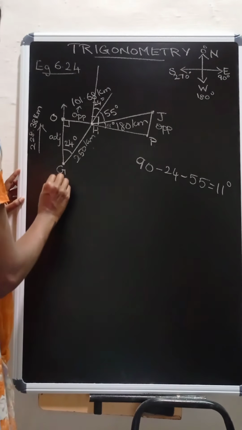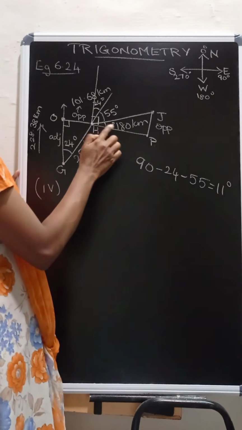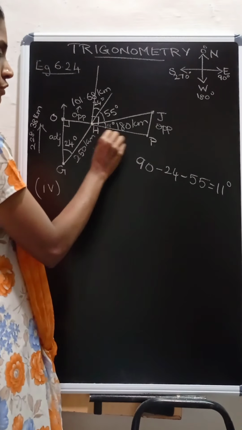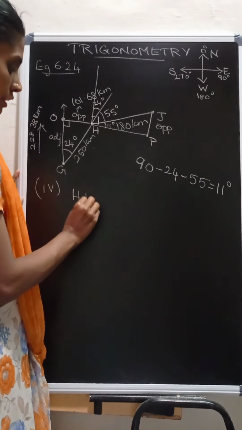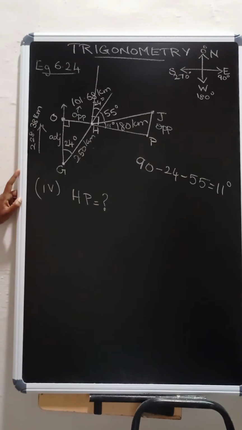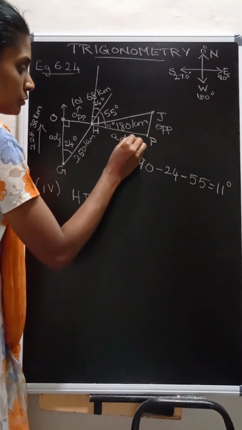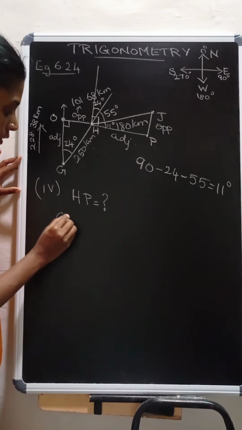Fourth subdivision. How far is J to the east of H? So we need to find the value of HP. We need to find the adjacent value, so you will take cos theta.